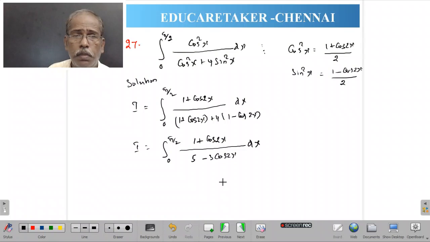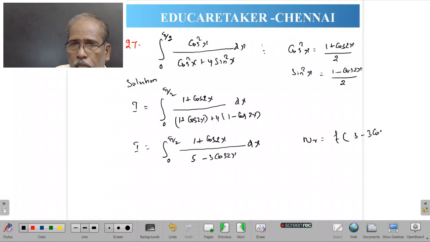So in order to simplify, we can try to write the numerator in terms of 5 minus 3 cos 2x. The numerator should be written as a function of 5 minus 3 cos 2x. This is the shortcut.